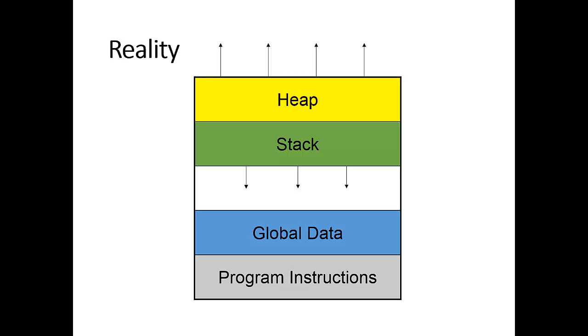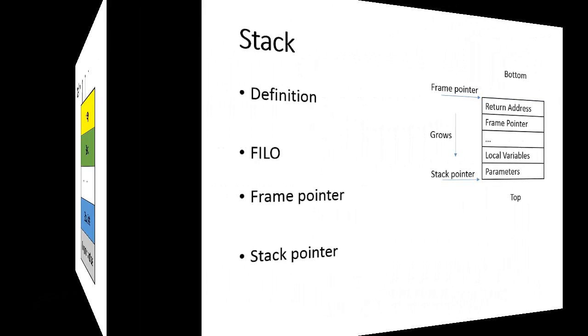So this is what it is in reality. And as you can see, the area in your memory designated as stack is actually growing in the opposite direction of the direction the heap is growing. And we'll talk about what we mean by the stack and heap in the next slide.